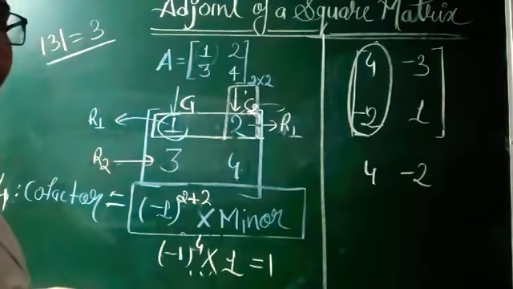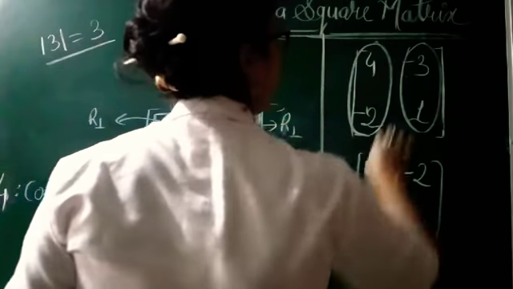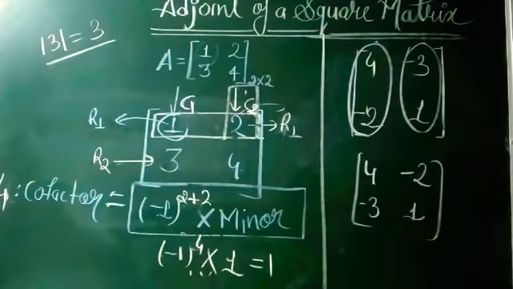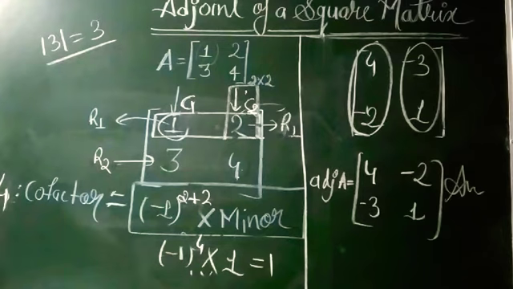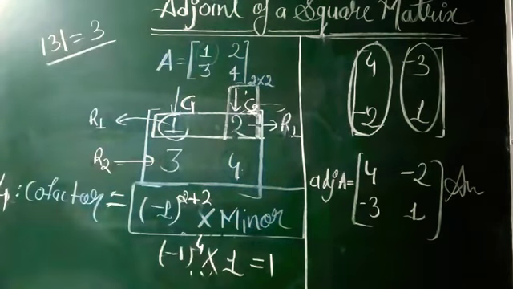That means 4 minus 2. And this is our second column. It will become second row. And we get 4 minus 2 minus 3 1. So adjoint A is equal 4 minus 2 minus 3 and 1.